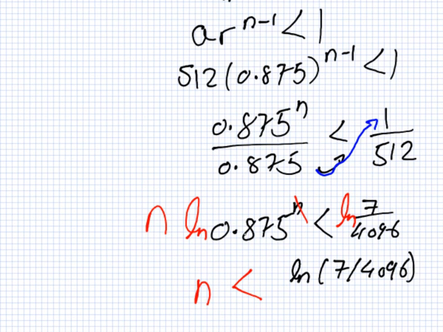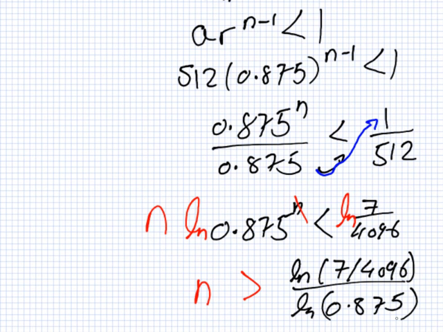Oh, now log of this number is negative, so actually the sign gets flipped around. So n needs to be bigger than. Log 0.875 is a negative number. You can check it on the calculator, so it gets flipped around.